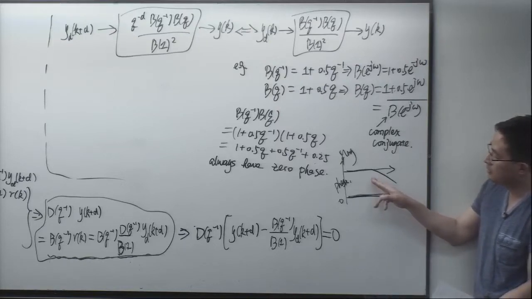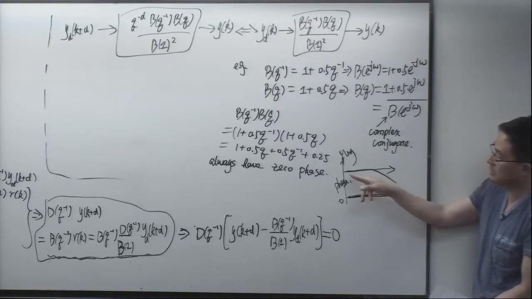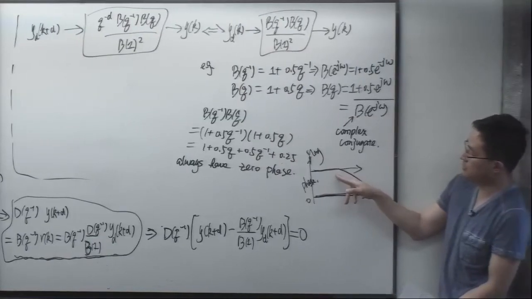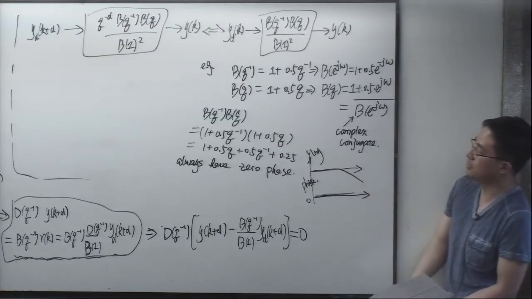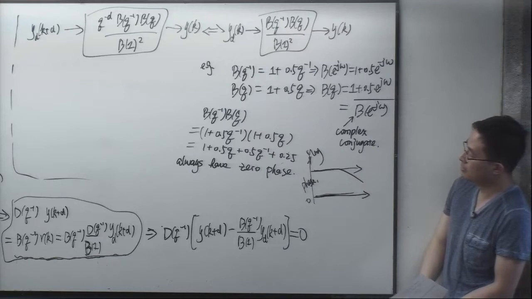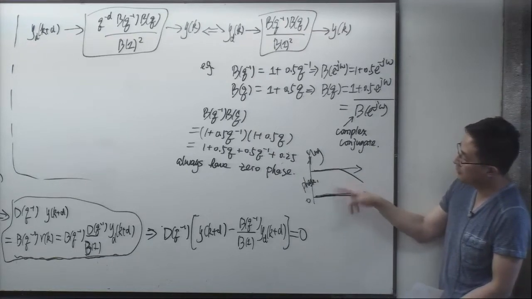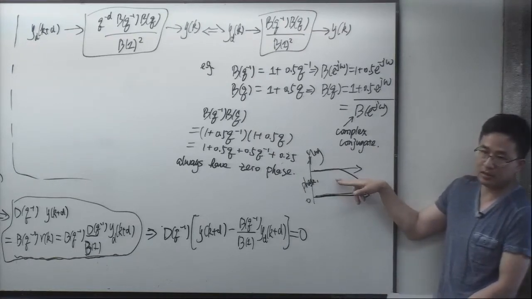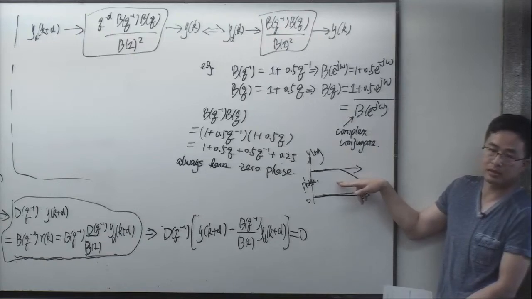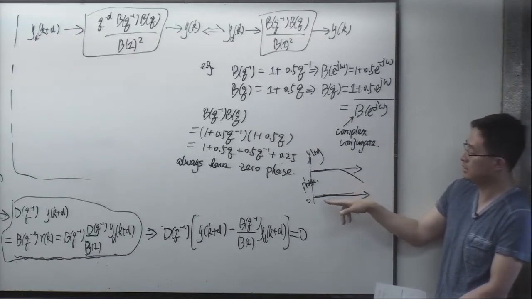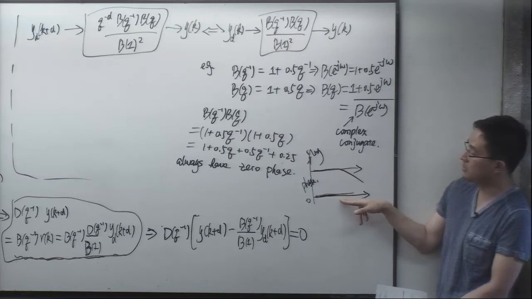This is a low-pass filter, you see. It passes through low-frequency components, not high-frequency components. This type of filter is ideal for control purposes, for tracking control purposes. You don't have phase error.